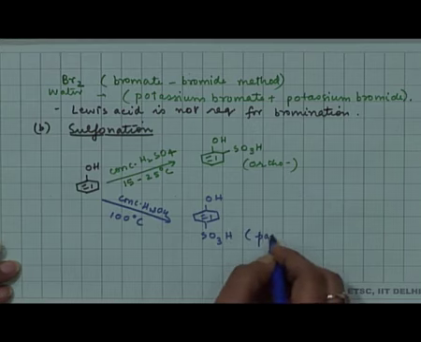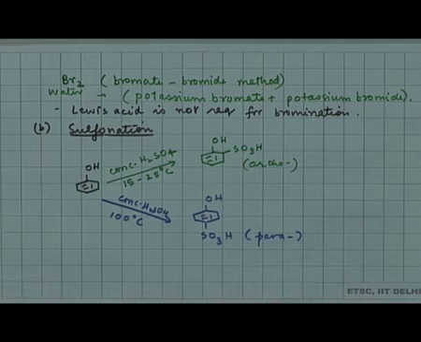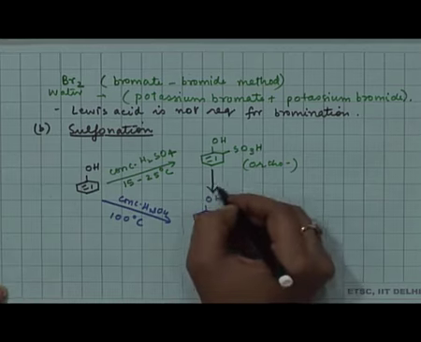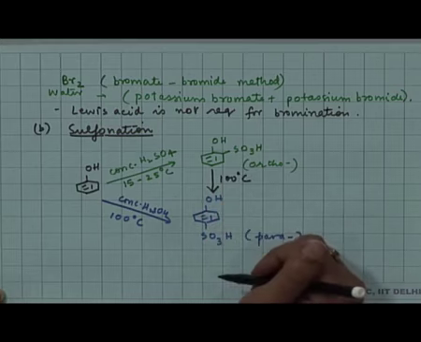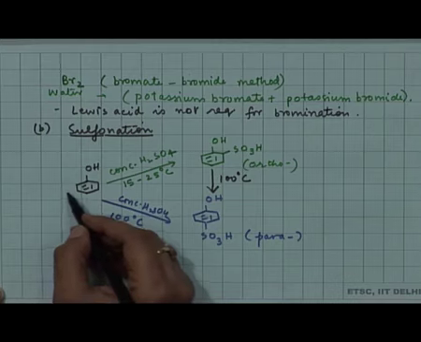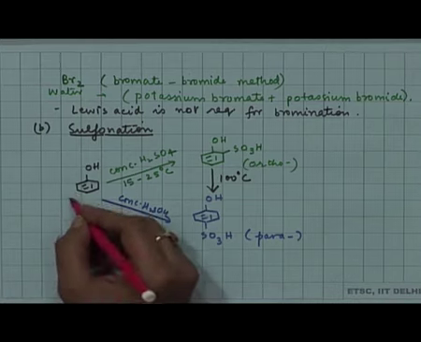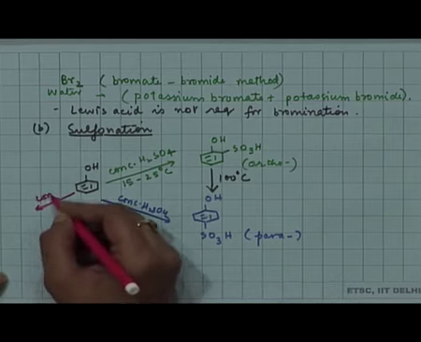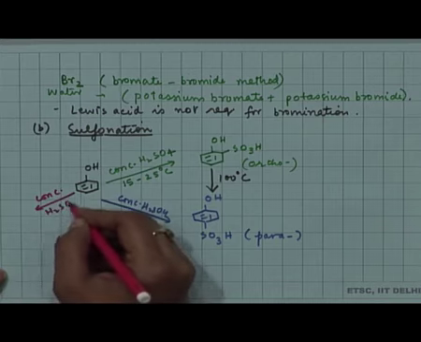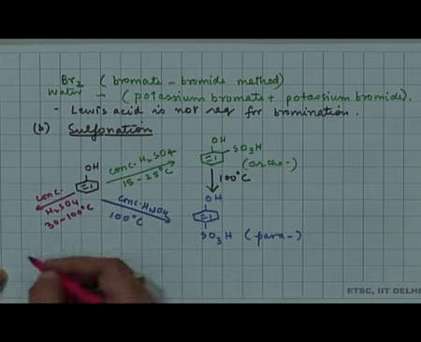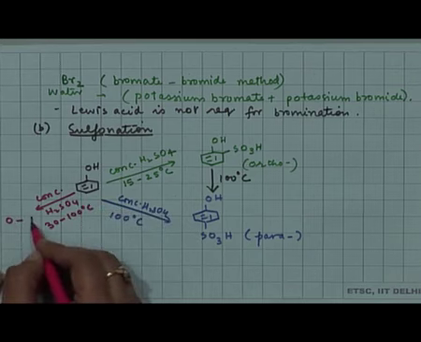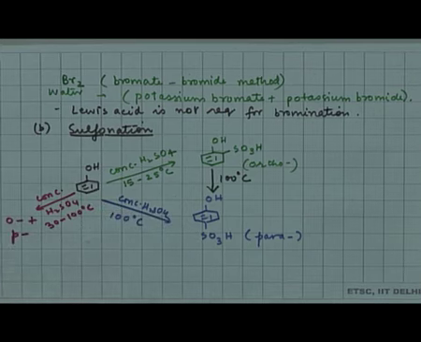So, in this case we get the para isomer, and if you heat the ortho isomer at 100 degrees centigrade, it gets converted to the para isomer. And if you carry out this reaction with concentrated H2SO4 at any temperature in the range 30 to 100 degrees centigrade, you end up with a mixture of ortho and para.